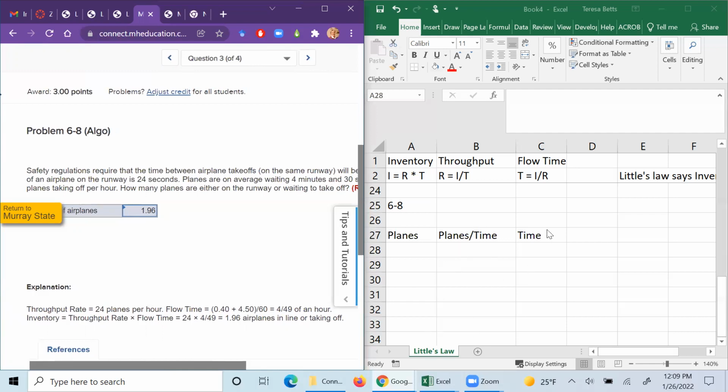All right, so first thing is we have to make sure that we're using the same unit of measure. Okay, so I've got inventory, throughput, and flow time. So this is going to be 4.5 minutes per. So planes on average are taking off.